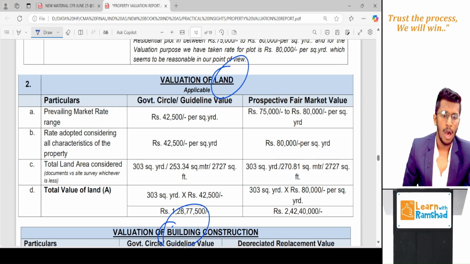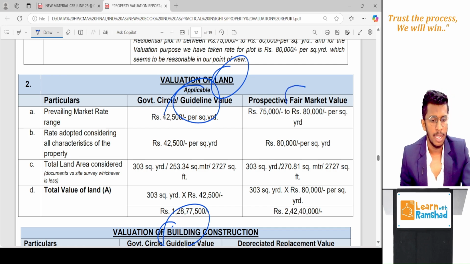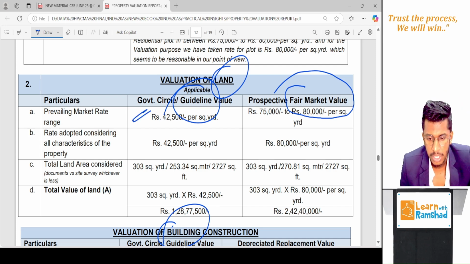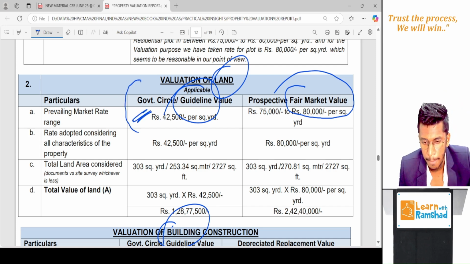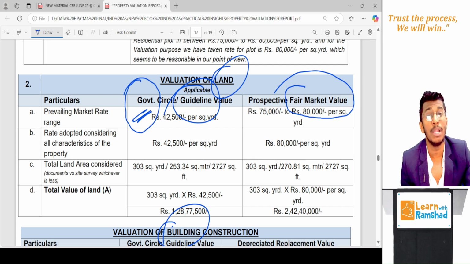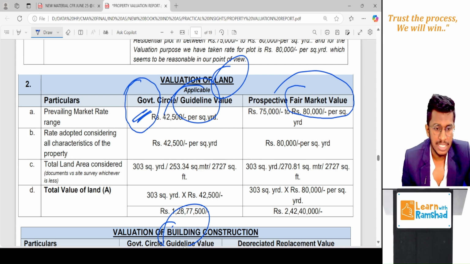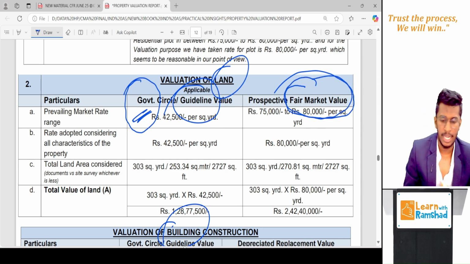They have a guideline value, that means the fair value, and then the fair market value. This value is listed by the concerned state governments based on the survey number, right? But this is the usual market price in the concerned region. Ready?